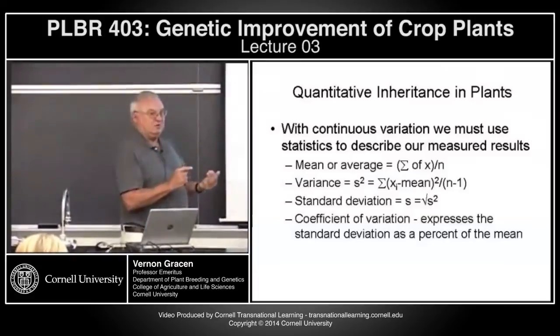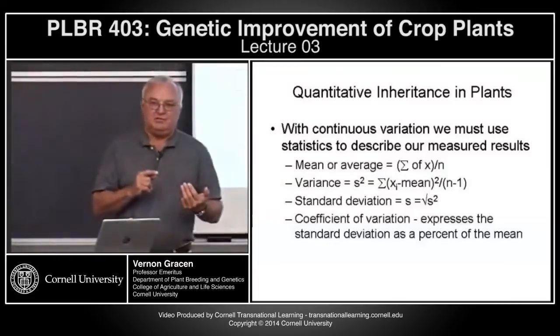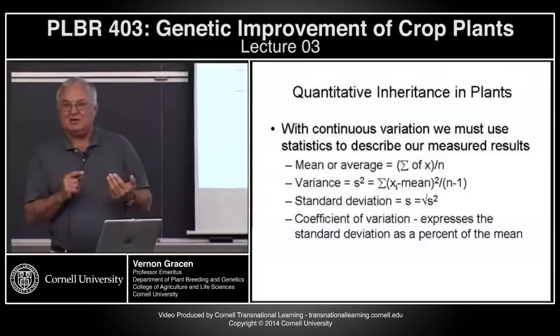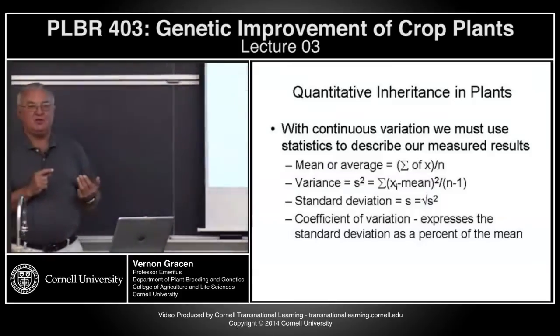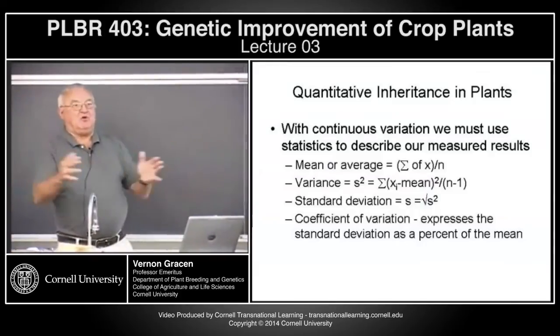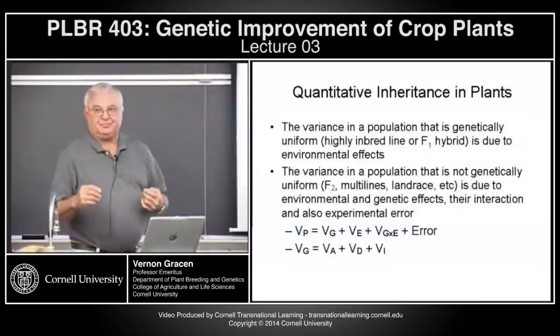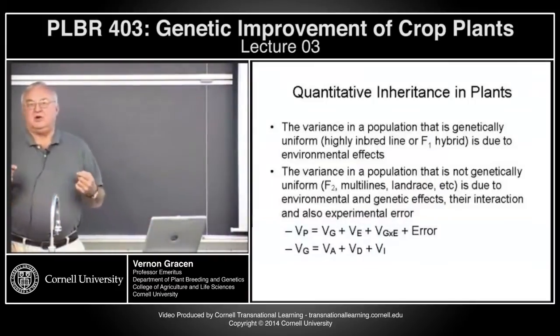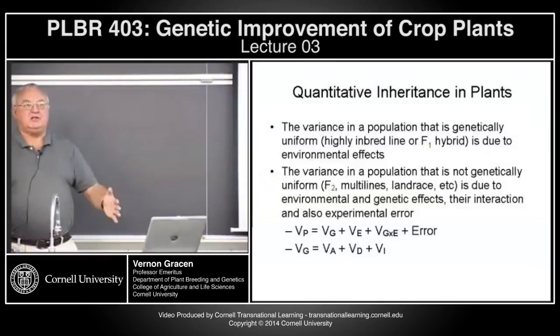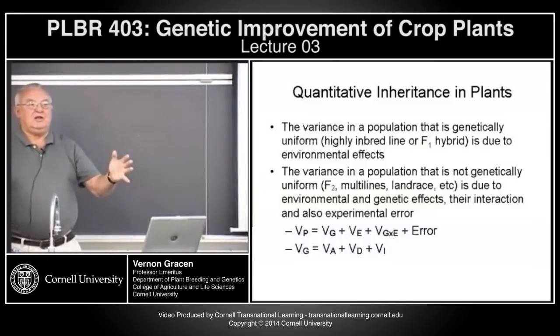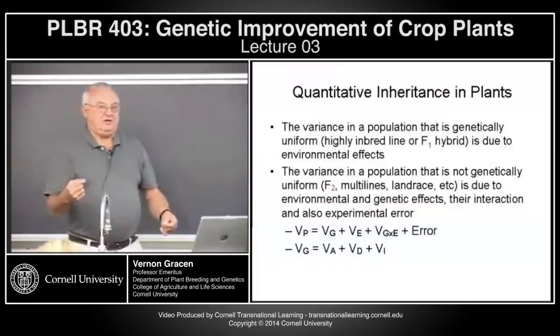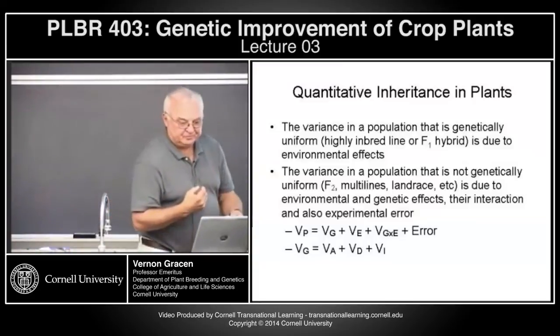And Don Vyans will talk to you at the end of the course and give you some mathematical and statistical background for this. And we'll expand the formulas to show you how you can actually determine if you're going to work to improve a trait that's quantitatively inherited. How do you go about it in various types of crops?